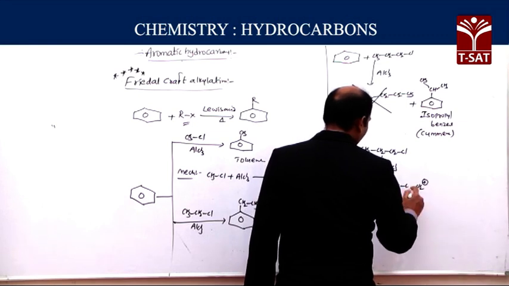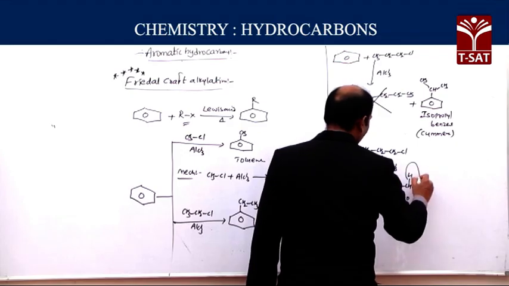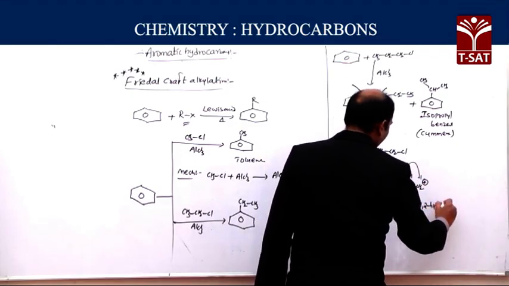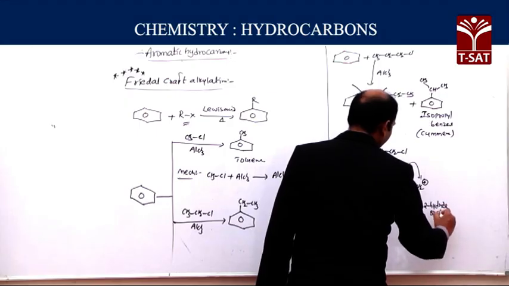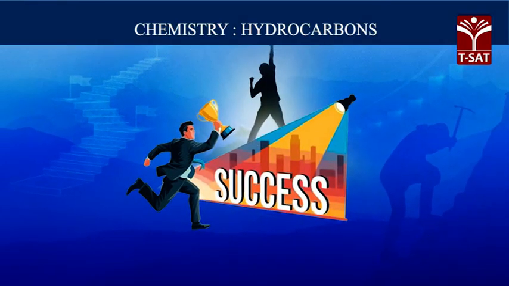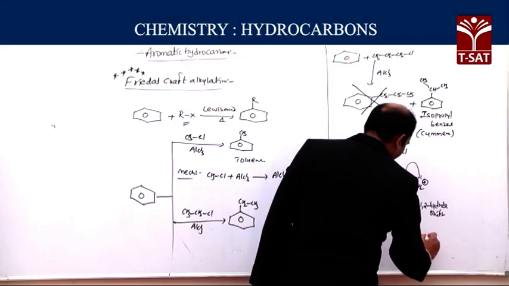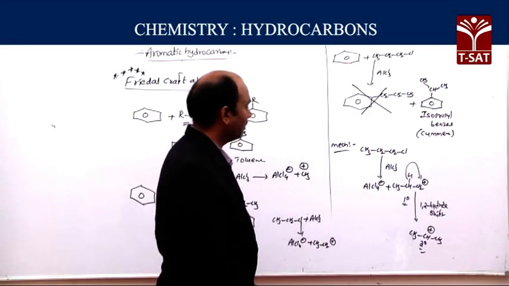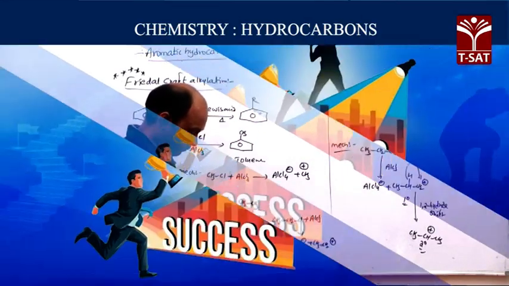So a 1,2 hydride shift takes place, and we get the isopropyl carbocation, CH3CH plus CH3. This is a secondary carbocation. Now the secondary carbocation attacks benzene, and we get isopropylbenzene.